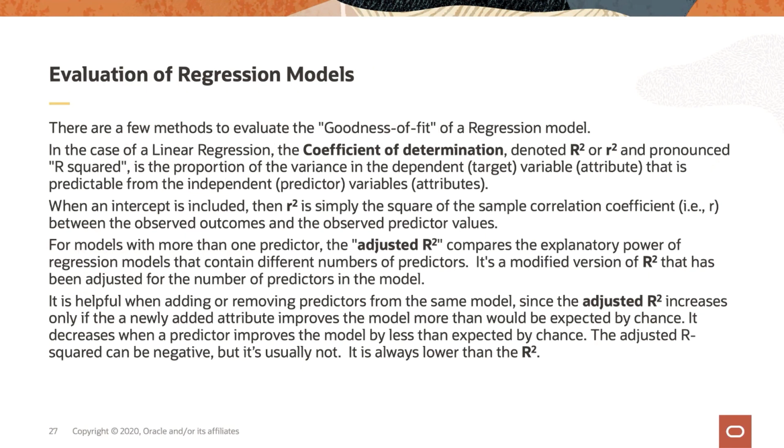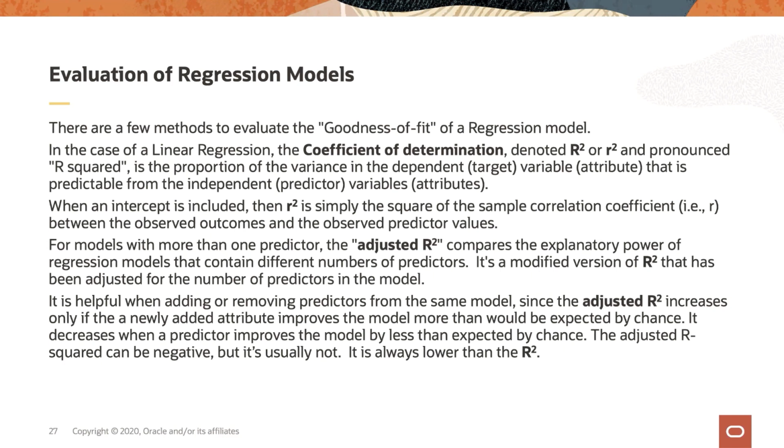The R squared tells you the proportion of the variance in the dependent target variable that is predictable from the independent predictor. So what it's saying is how much of that variation can actually be predicted by your model.